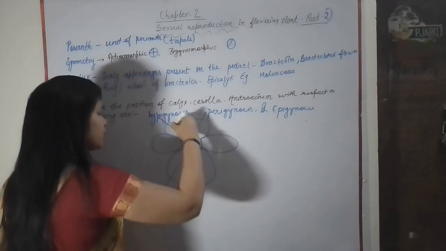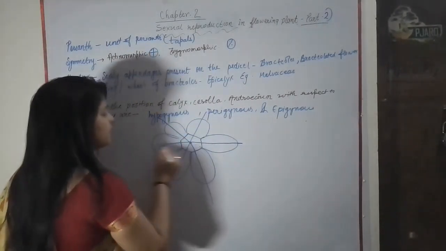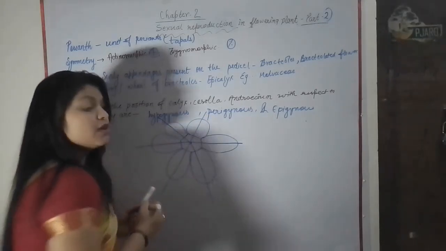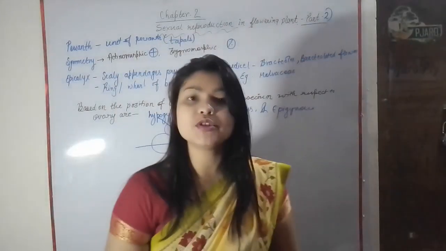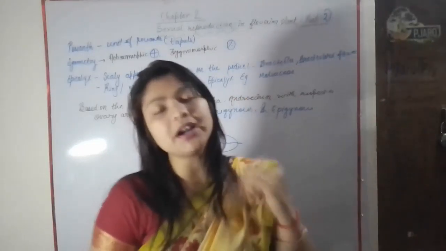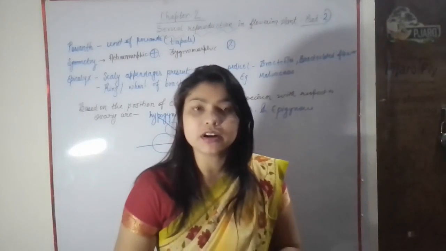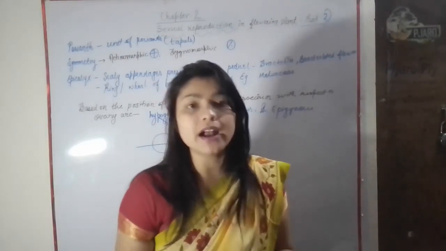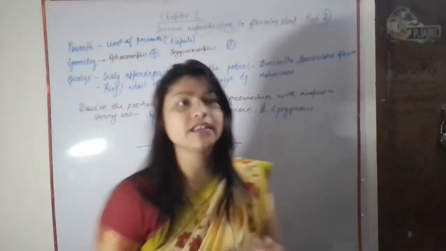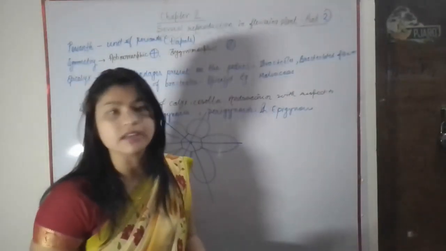If you cut it from this direction, you get the same half. If you cut it from this direction, you get the same half. So if the part of the plant is cut through the center and we get equal parts, that is considered an actinomorphic flower.